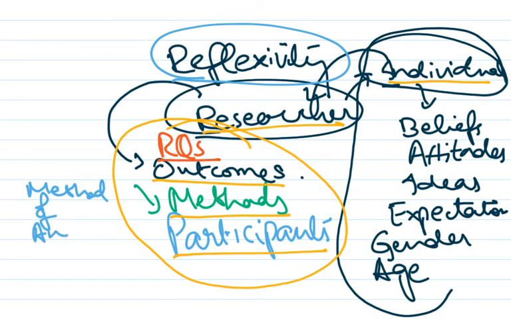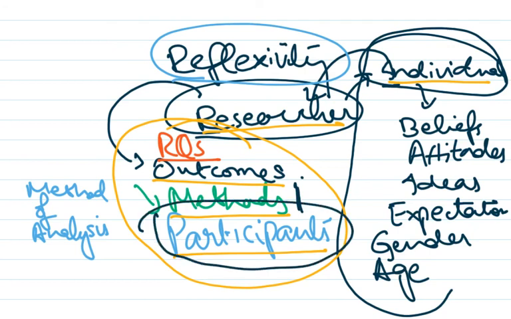What sort of interviews have you conducted? Have you done focus groups? Why have you been more comfortable doing one over the other? And whatever method you choose, who do you decide to talk to? All of these different factors will obviously play a huge role in what you find through your research, and all of that is something that we call reflexivity, and it's an extremely important part of qualitative research.